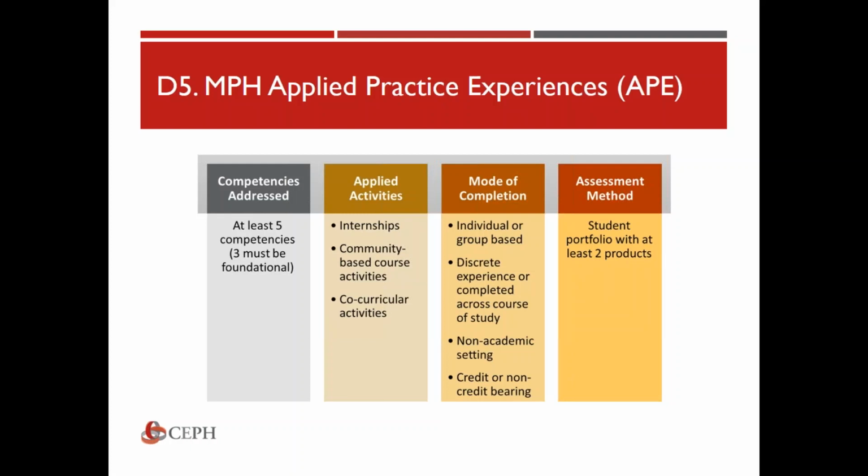The other important thing here is that it's really focused more on the outcomes. So we are looking at actual student products that they've produced when they're working on these applied practice experiences, rather than counting the hours that they're sitting in an external agency.